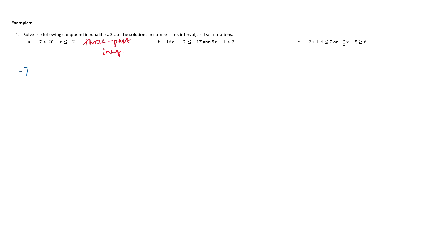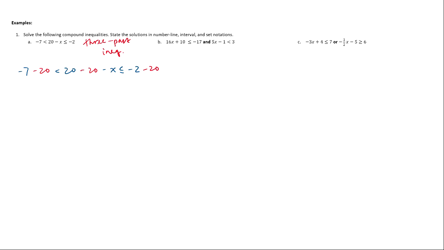We would get negative 7 minus 20, that's less than 20 minus 20 minus x, and this is also less than or equal to negative 2 minus 20. If you look at it, the difference between what I did versus the original inequality is that I just subtracted 20 on every part of my three parts.